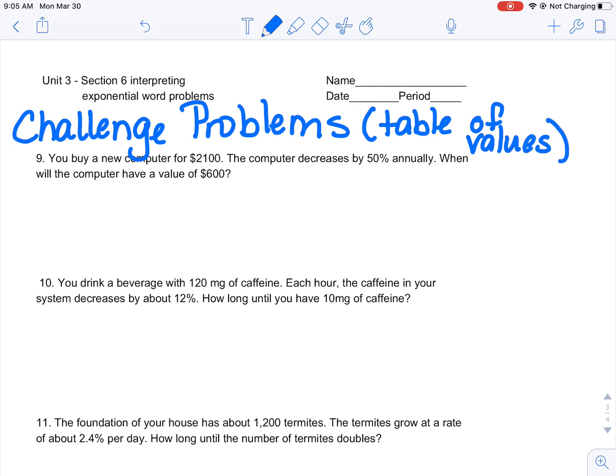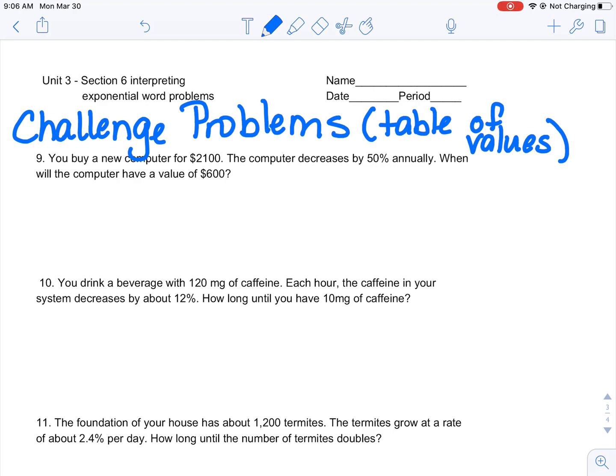You're not necessarily going to use the equation because you don't know how to find it if the letters are in the exponent. You haven't learned that. That's logarithm, and you haven't learned that. But there is a way to do all 3 of these problems. I did all 3 of them without using that. Now it's a little more cumbersome, so obviously mathematicians had to come up with a better way of doing it. But I want you to try at least 1 or 2 of these to see if you can figure out by using a table of values what the answer is to each of these.